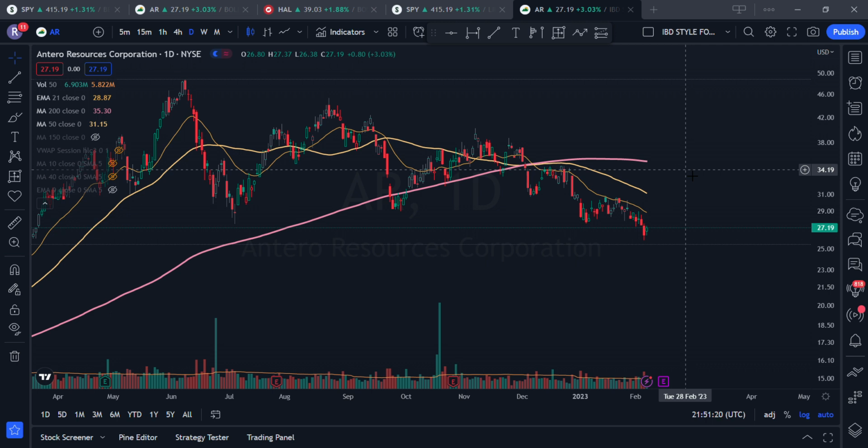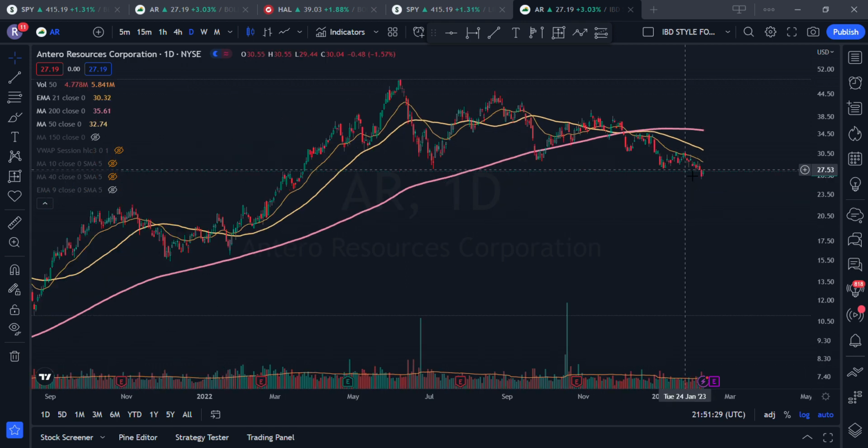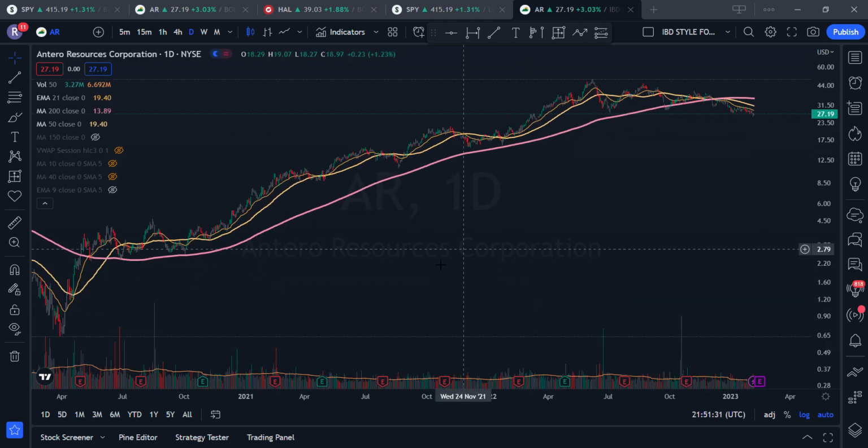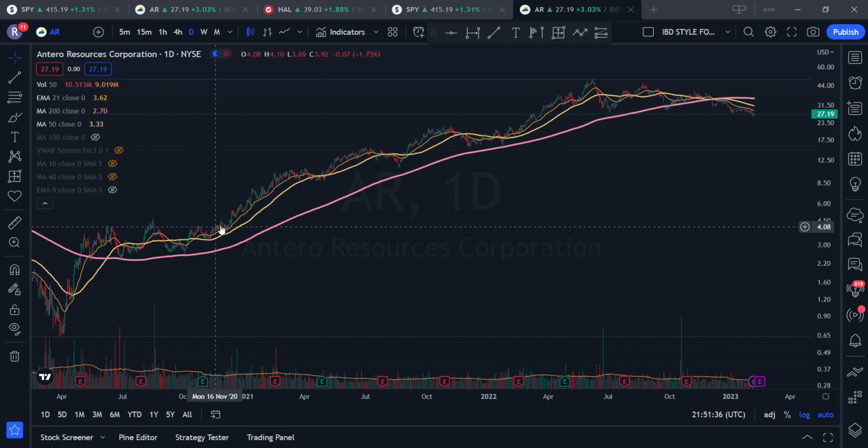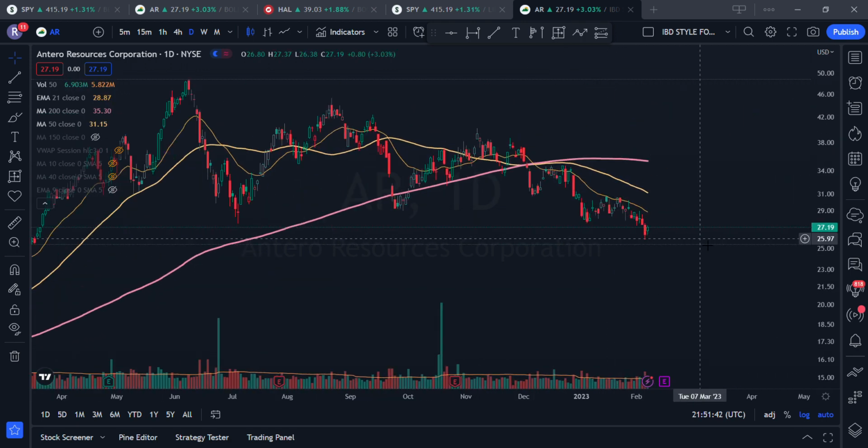All the moving averages are rolled over, in a clear downtrend, and stacked exactly opposite to what was happening when the stock was climbing. Then, your 50-day was above your 200-day moving average, and your 21 EMA was above the 50-day moving average. Now the opposite thing is happening.